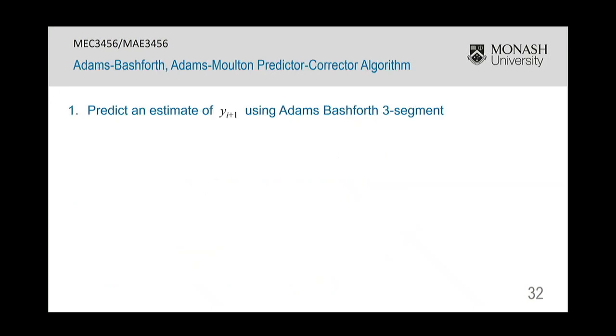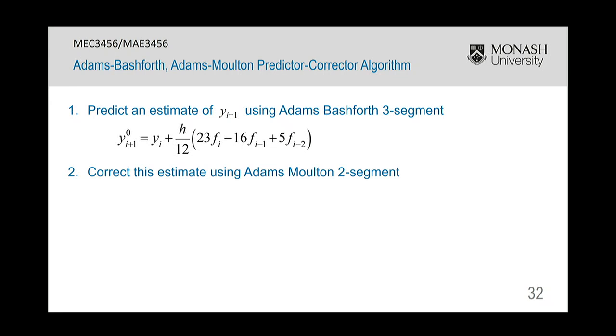So the algorithm then is: predict an estimate of y_{i+1} using Adams-Bashforth three-segment. So that would look like that: y_{i+1}^0 is equal to the AB3 update. Correct this estimate for y_{i+1} using the Adams-Moulton two-segment.